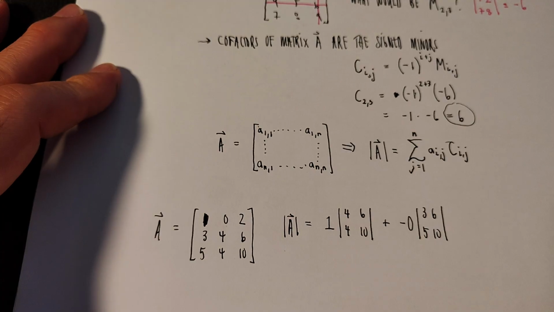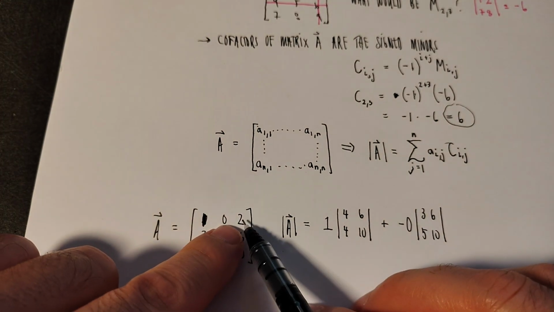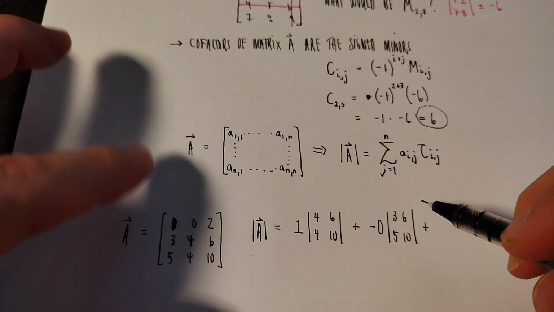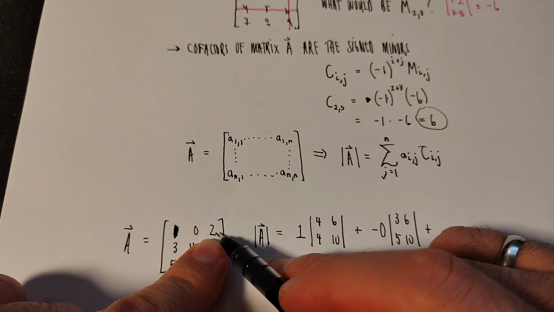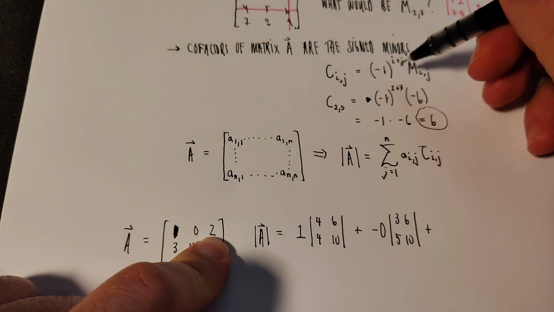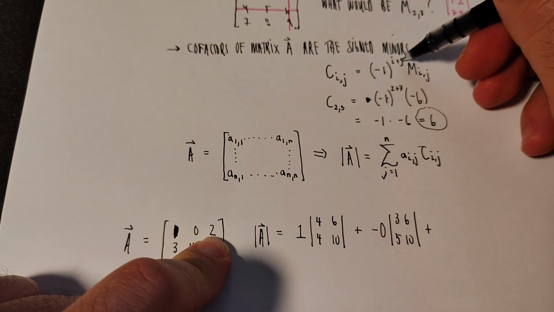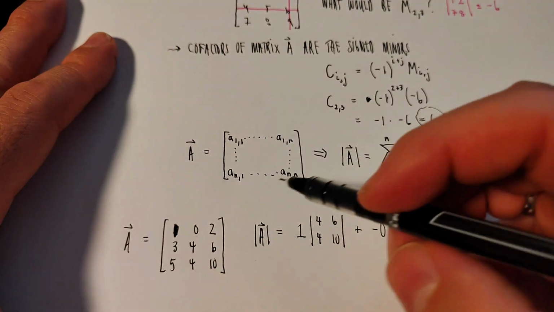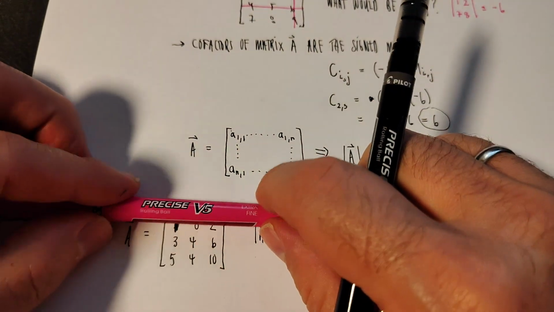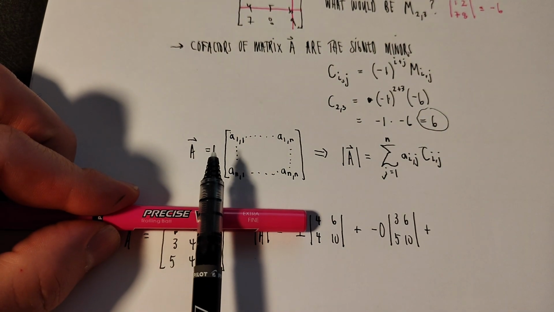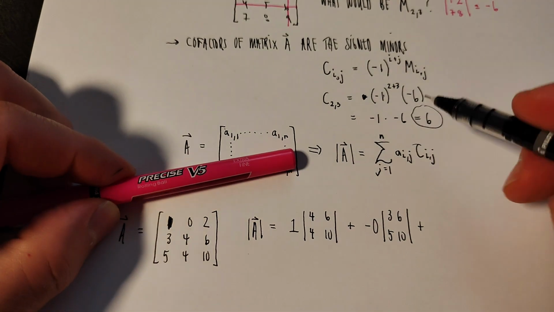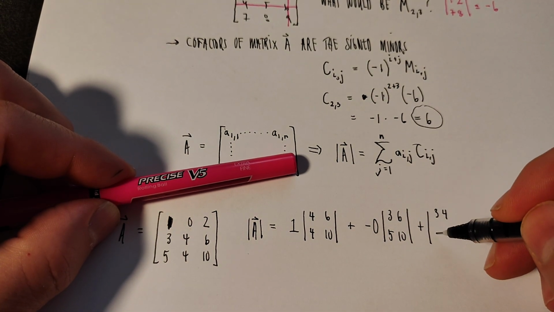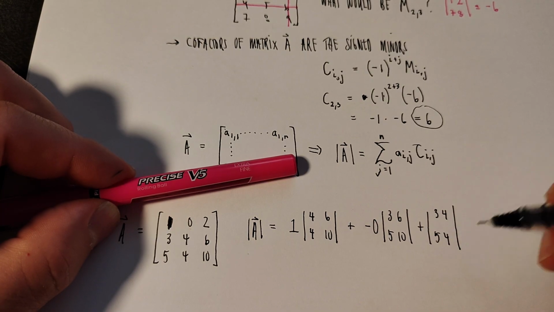All right. And then we need to do the cofactor here, right? So it's going to be plus, because again, this is entry 1, comma 3. And 1 plus 3 is 4. Negative 1 to the 4th power is positive 1. So we don't need to subtract that. And then we need to get rid of first row, last column. It's 3, 4, 5, 4. Okay.